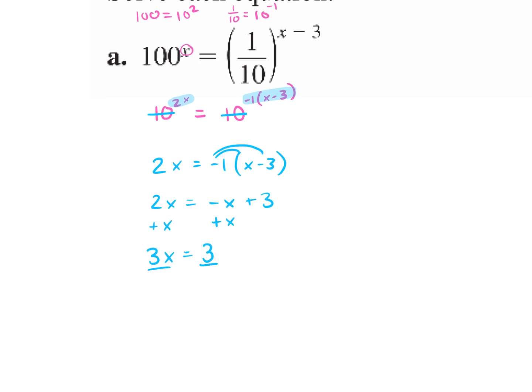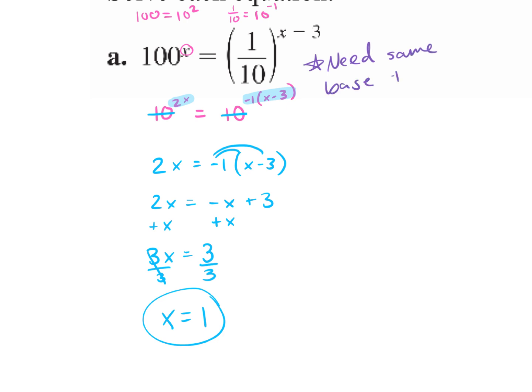Divide by 3. So x is equal to 1. Awesome. That would be our answer. So in the beginning, we just wanted them to have the same base. So we needed the same base to cancel them out.